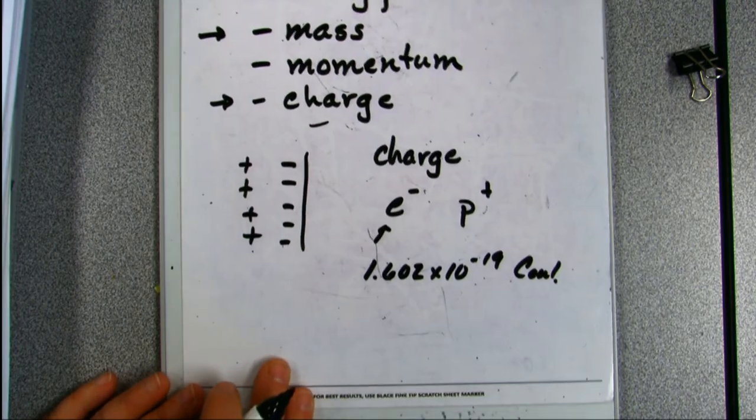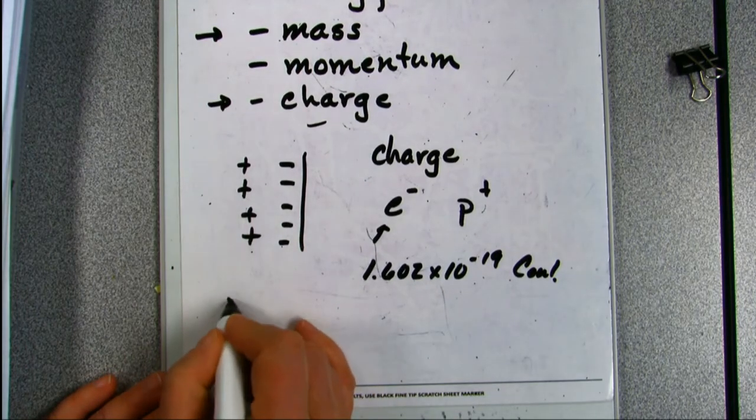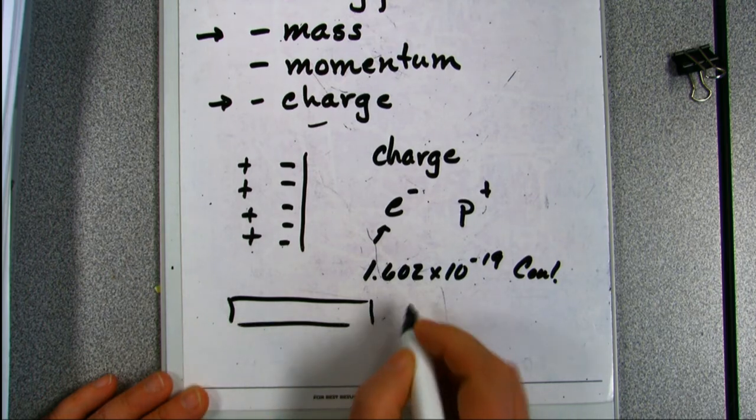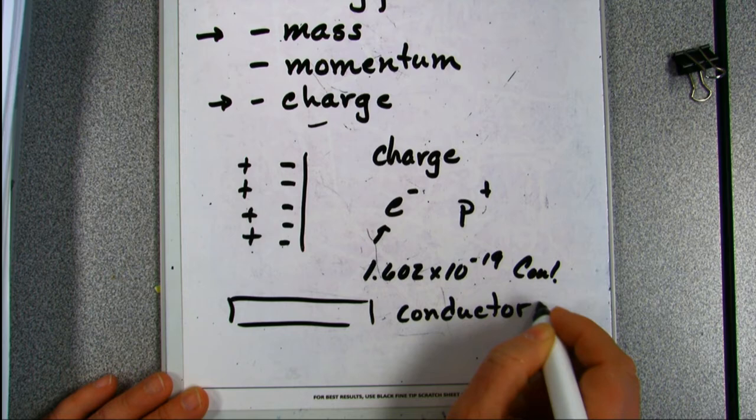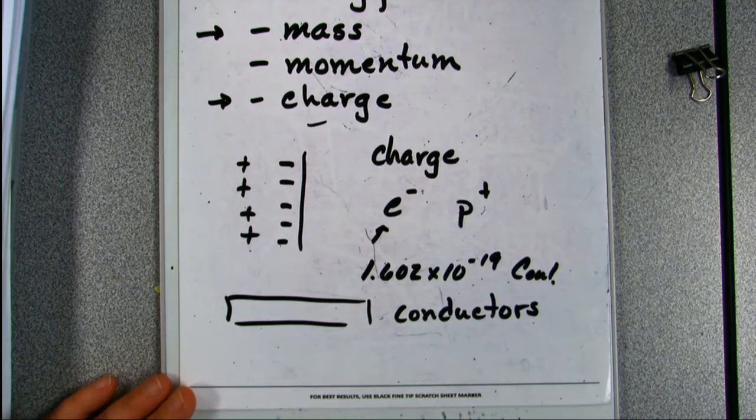Some other things that we have to deal with. One are conductors. Conductors are going to allow the flow of electrons. Which is why some of you defined electricity as the flow of electrons.